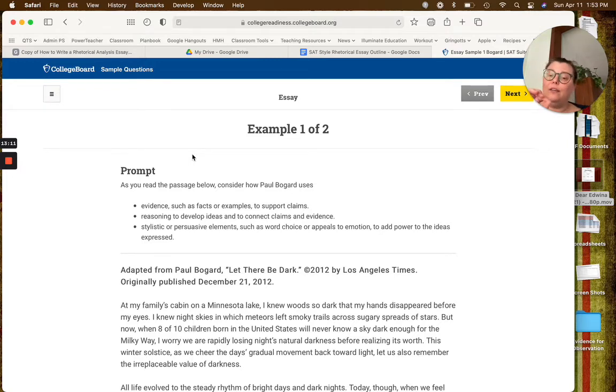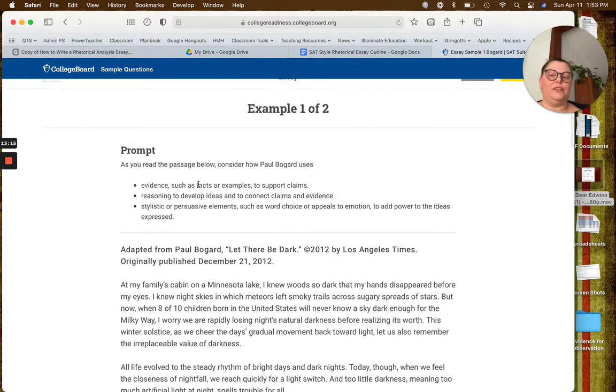They're telling you off the bat it's a good argument, okay? So the prompt is always the same. As you read the passage below, consider how Paul Bogard, which is the author, uses evidence such as facts or examples to support claims, reasoning to develop ideas and connect claims and evidence, stylistic or persuasive elements such as word choice or appeals to emotion to add power to the ideas expressed.